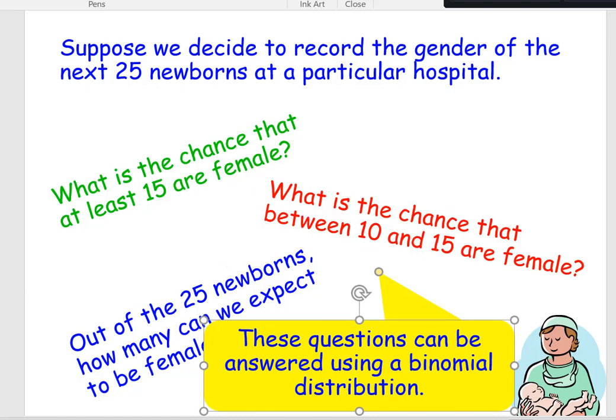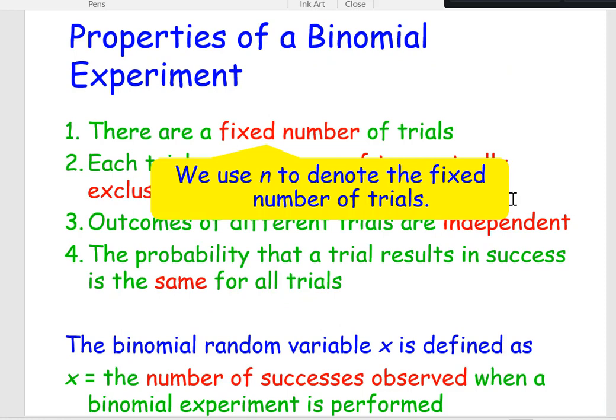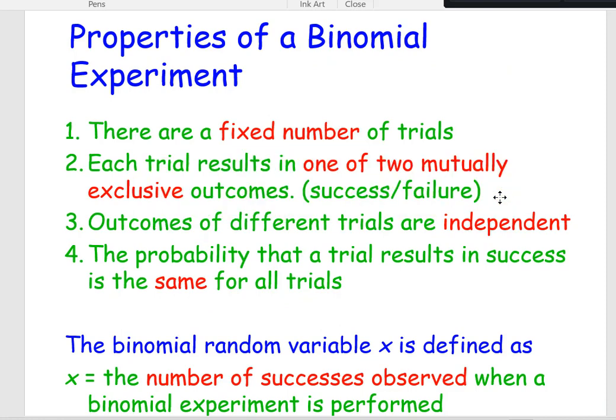These questions can all be asked of something called the binomial distribution. Binomial distribution has some special characteristics. So, properties of the binomial distribution. There are a fixed number of trials. Now this textbook doesn't use this terminology, but there's something called a Bernoulli trial. A Bernoulli trial has one of two outcomes, success or failure. Now that doesn't mean there's only two outcomes, but the outcomes can be divided into those two categories.